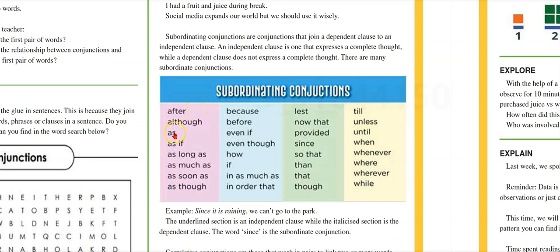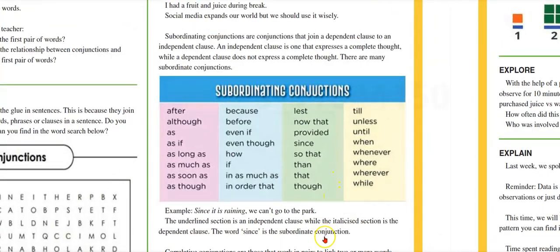After, although, as if, as long as, as much as, as soon as, as though, before, even if, even though, how, if, inasmuch as, in order that, lest, now that, provided, since, so that, than, that, though, till, unless, until, when, whenever, where, wherever, while.